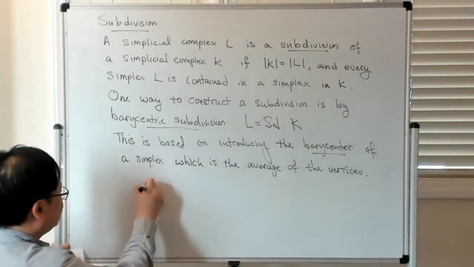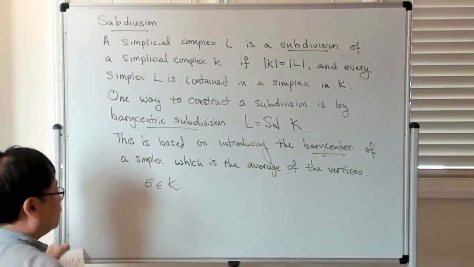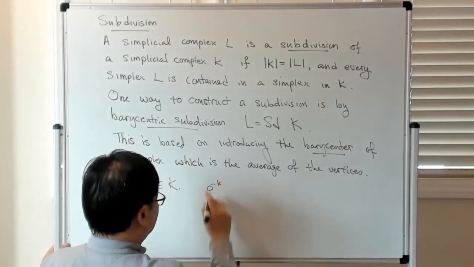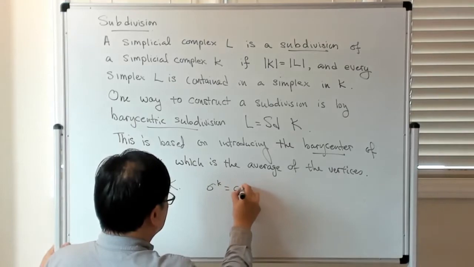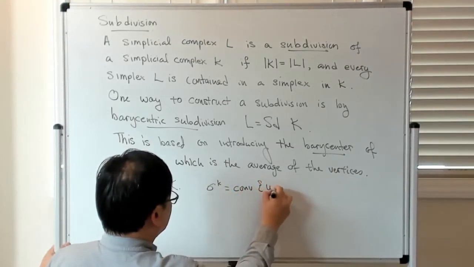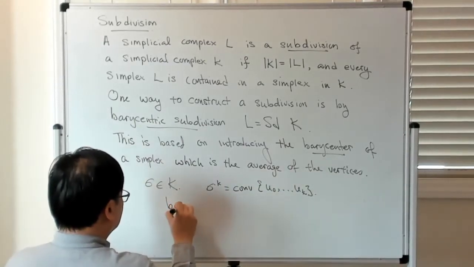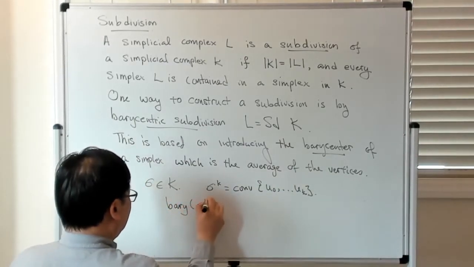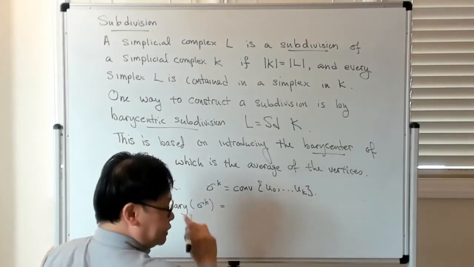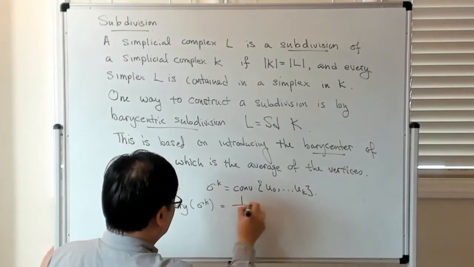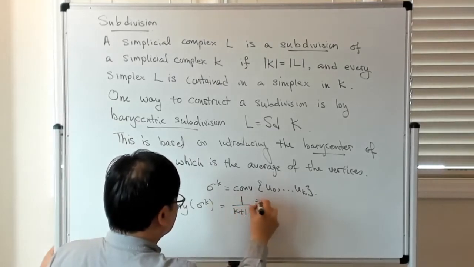Let's say we have sigma, which is in the simplicial complex, and it's a k-dimensional simplex, which I denote by sigma k. It's the convex hull of, say, u0 to uk. The barycenter of sigma k is just the average of the points. You have k plus 1 points, so you take 1 over k plus 1 times the sum of the ui's, i from 0 to k.